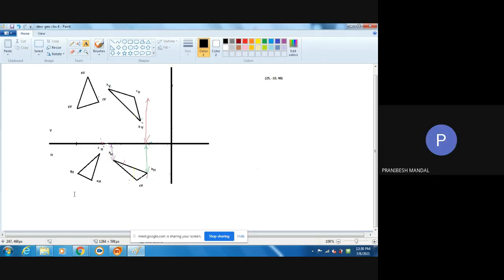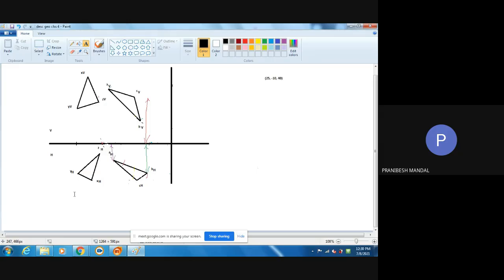So at the very onset, what you need to do is find out any plane in its edge view.